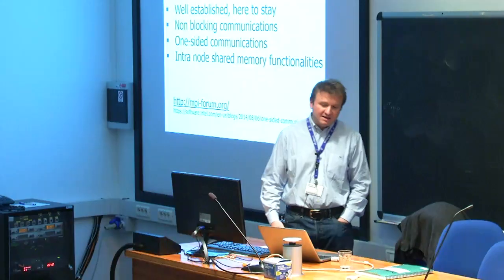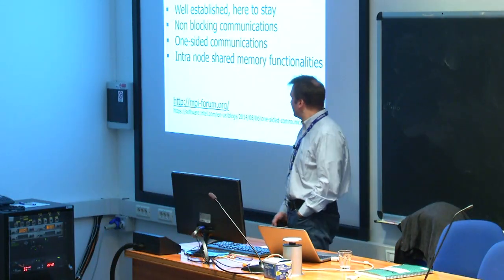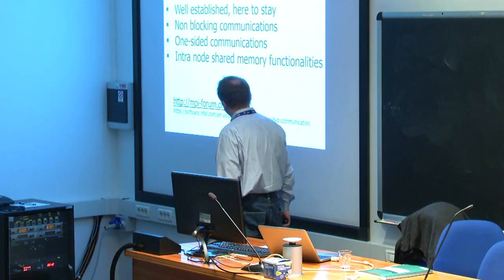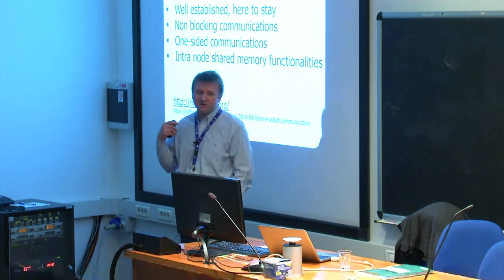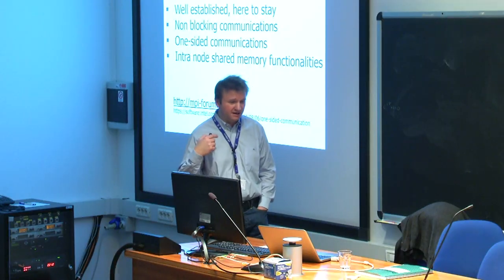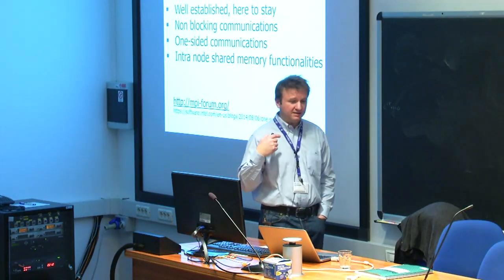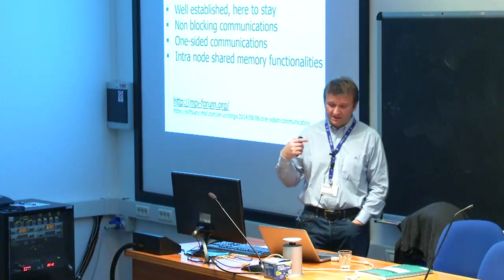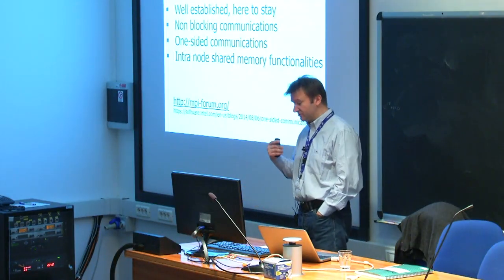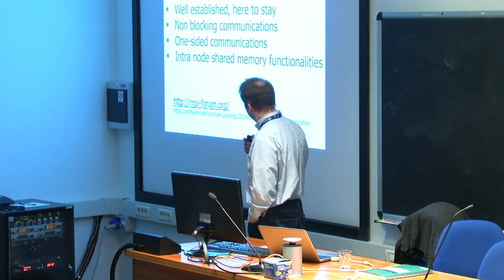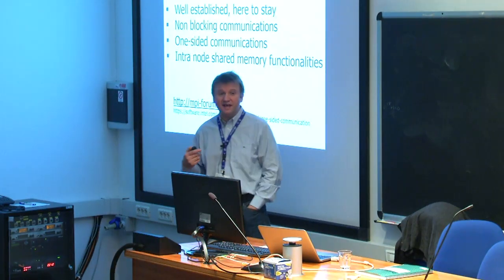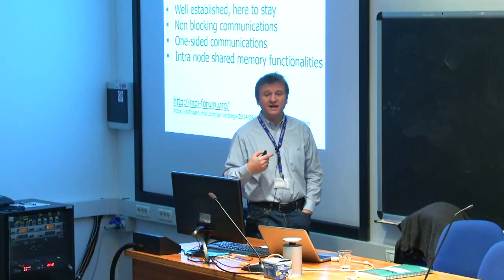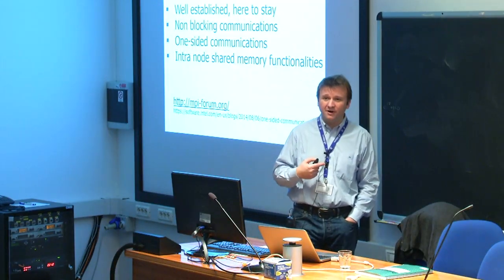But MPI, in a way, is also evolving. First of all, we said that the networks are featuring 10 to the 4 nodes, but inside each node I can have 100 cores.